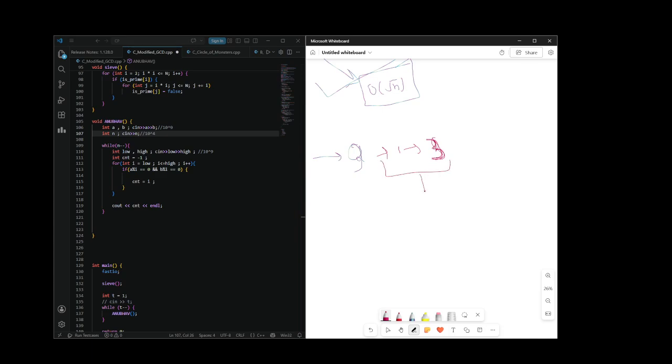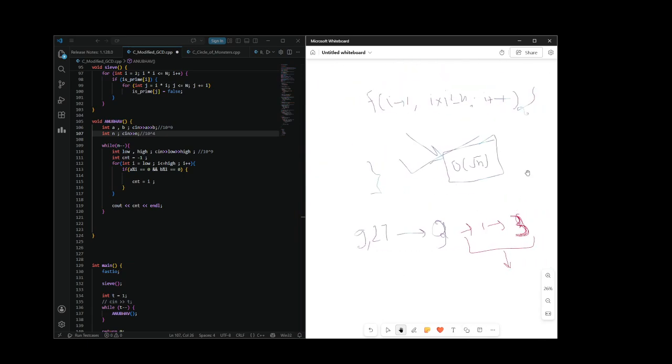So I think we should write the code first, then we'll be able to understand. I think there is some mistake that I'm doing here while calculating. So basically, I want to say that we would be using this instead of iterating for each possible number. So let's do it now.